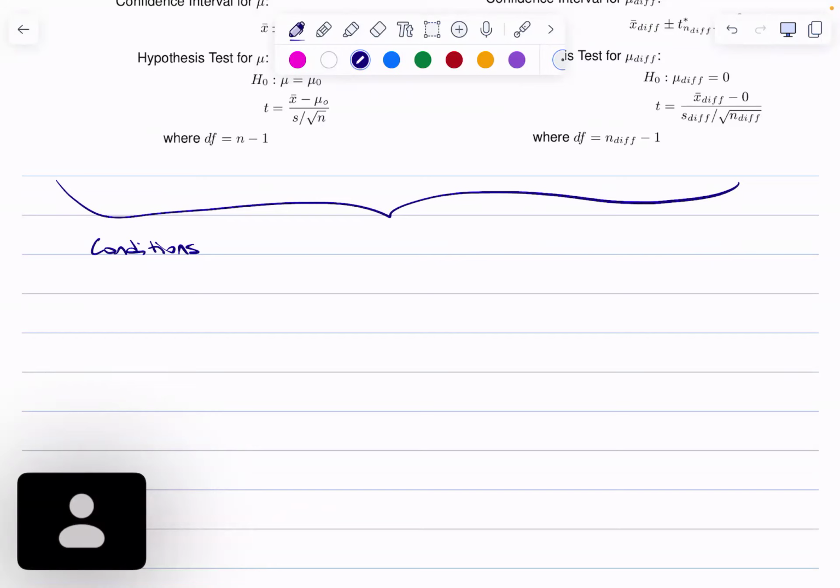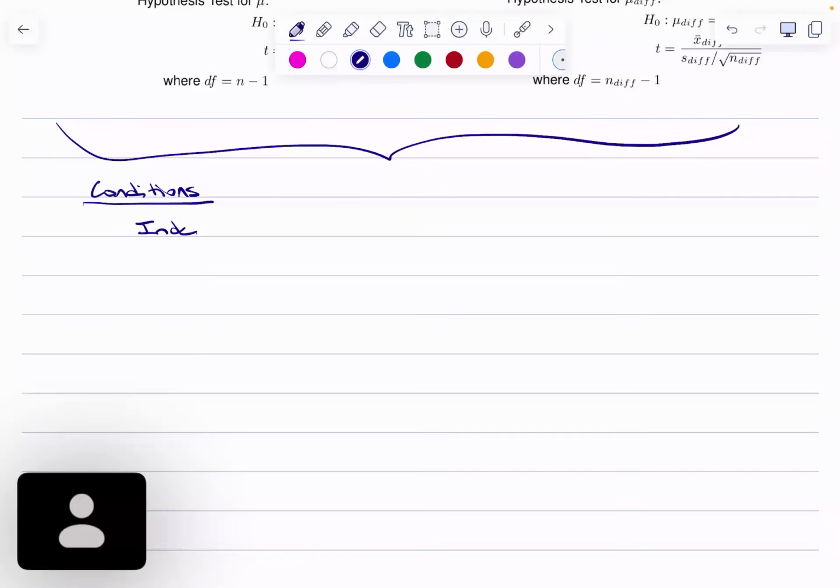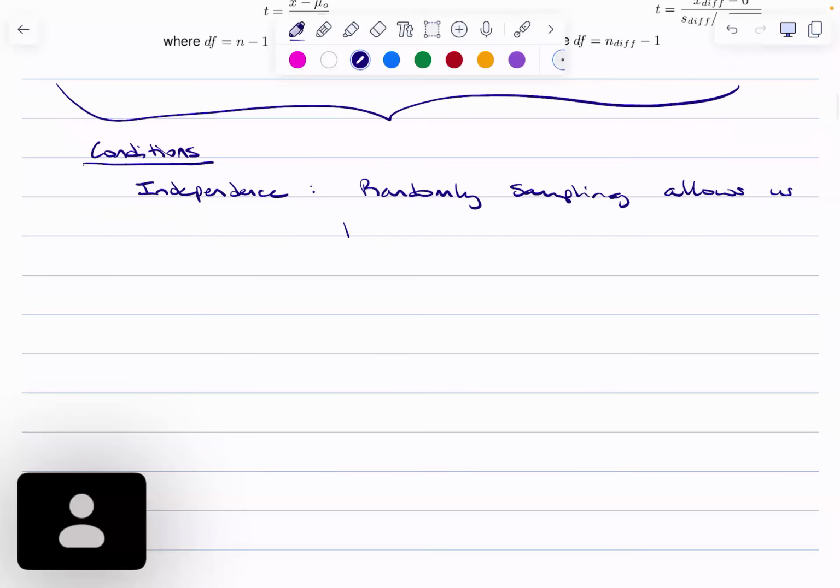And so our conditions for both of these, we have the first condition, which is the independence condition. If you've randomly sampled, you're allowed to assume that all these observations are independent of each other. So randomly sampling allows us to assume independence.